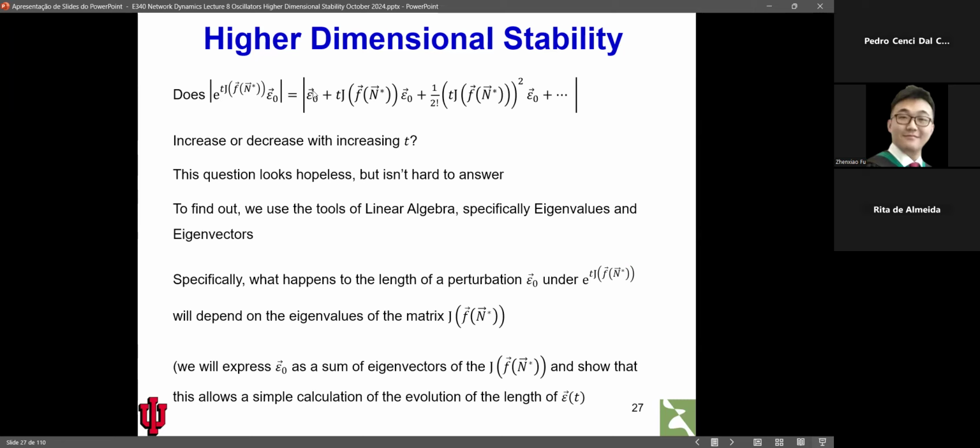So in the first term, you don't have any j of f applied on epsilon naught. And here you have one j of f applied to epsilon naught. And then you have a square of it and a cubic form. And this is what it means, because I can understand what is a square of a matrix.